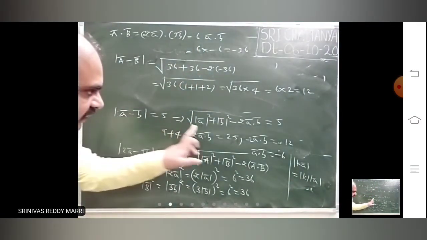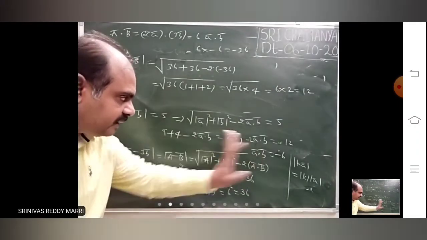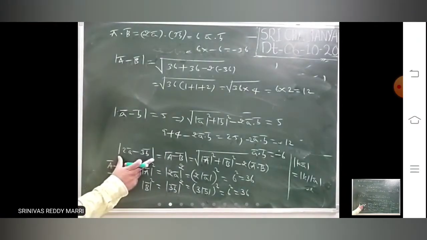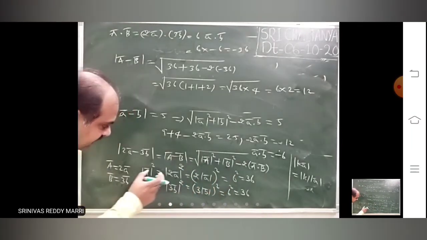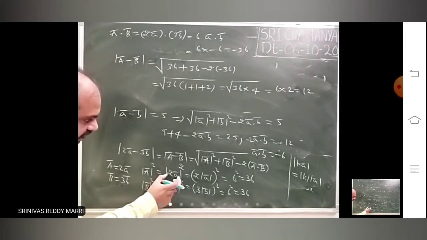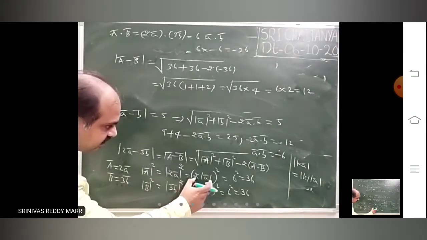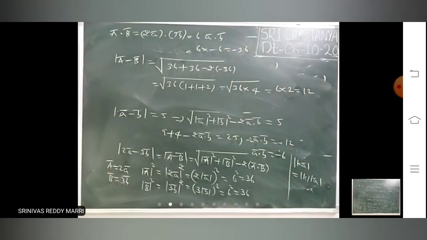From the given information, we have calculated A bar dot B bar. You got minus 6. He is asking to calculate modulus of 2A bar minus 3B bar. Take A bar as 2A bar, B bar as 3B bar. Now you write the formula for this one. Modulus 2A bar is 2 into modulus A bar, 2 into 3, 6 square, 36.